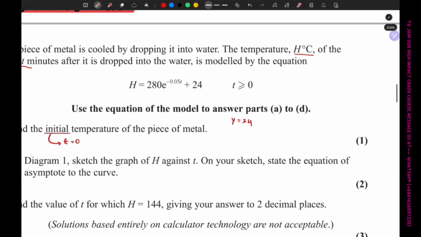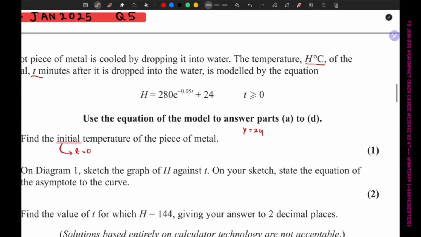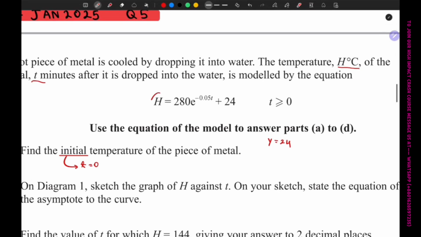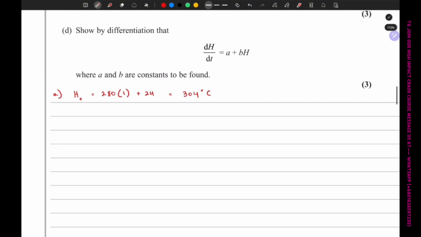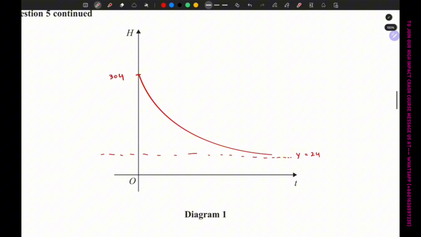And let's find this coordinate, I mean the y-intercept. At the y-axis the value of x is 0. In this case the y-axis is h and the x-axis is t. So at the h-axis the value of t is 0, which means the value of h is 304 degrees Celsius. So this will be our graph.